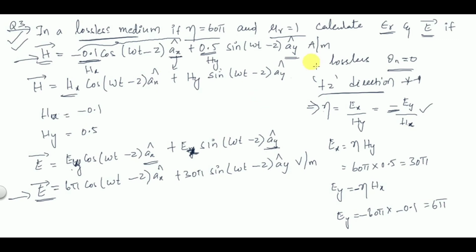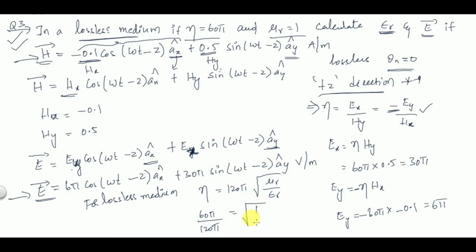And you are asked to find epsilon r also. So what is the eta formula for lossless medium? Eta is 120 pi into root of mu r by epsilon r. Eta is given as 60 pi, so sending 120 pi to this side, it will be 60 pi divided by 120 pi is equal to root of mu r, whose value is 1, by epsilon r.